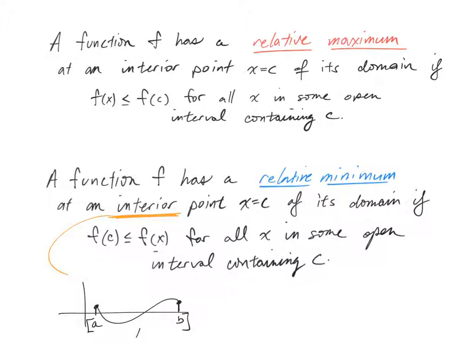And relative max and relative mins happen on the interior. So this could be a relative minimum and this could be a relative maximum. It's just we cannot have a relative minimum or relative maximum being on an endpoint. So when they say an interior point, that just means it's somewhere between the endpoints of the domain. So let's take a look at what the difference between relative and absolute is.